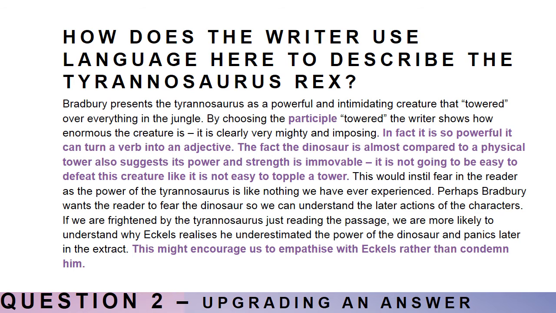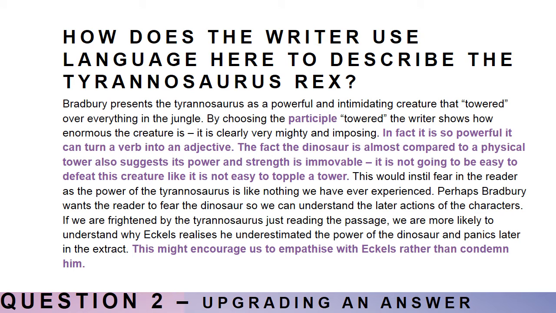So I've developed my analysis by thinking about why the participle has been chosen, why that was necessary, and then I've gone on to explore another interpretation of towered. So rather than just having one possible meaning, I want to be aiming, if I'm upgrading my writing, to look at 2 or 3 possible interpretations.